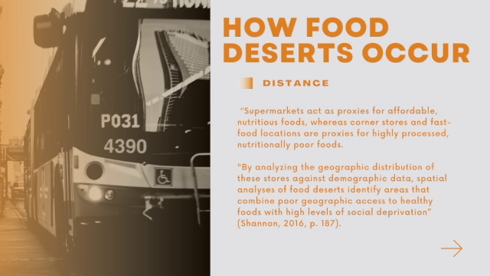So, distance has to do with the proximity that a person or community has to affordable, nutritious foods, compared to corner stores and fast food locations, where maybe those are a little bit closer and usually lower quality of nutrition and so forth.